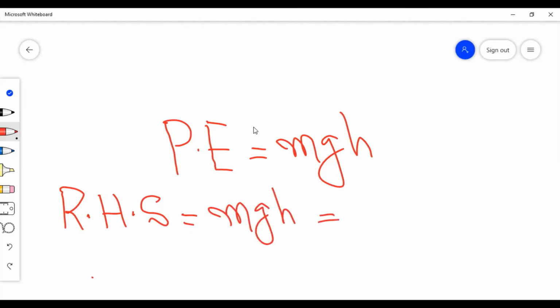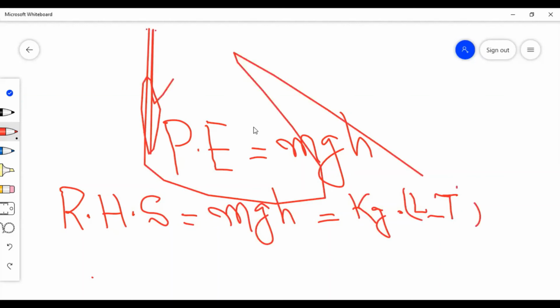Here m is kilogram, that is the mass, and g is once again the gravitational pull, that is the rate of velocity, and the time factor is also involved. So this was just like that.